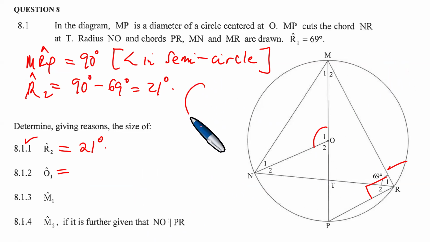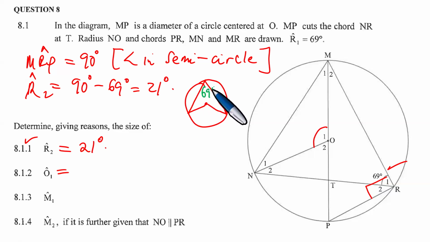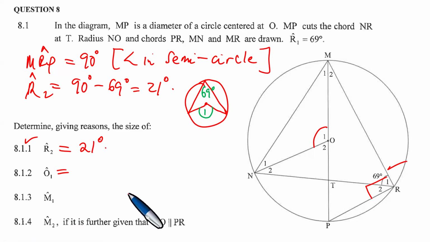Okay, we'll remember that. This one here is 69 degrees. So now we have the angle at the center, which is equal to 2 times the angle at the circumference. So the angle O1 is 2 times 69 degrees. 2 times 69 is 138.